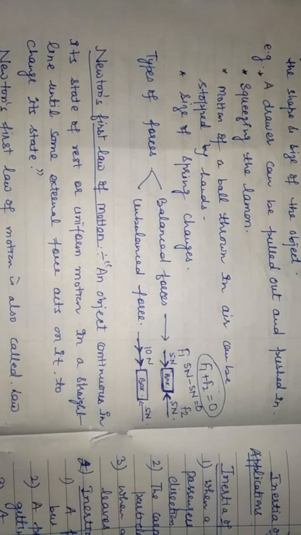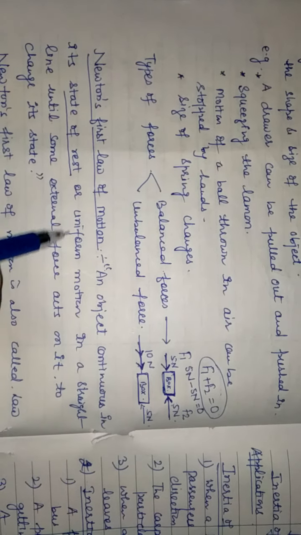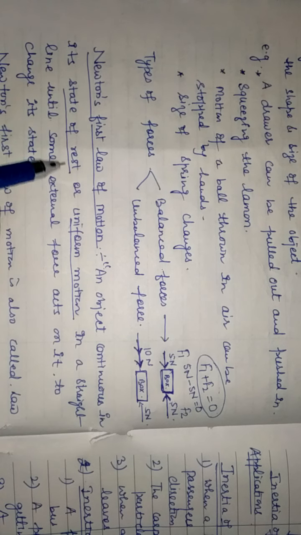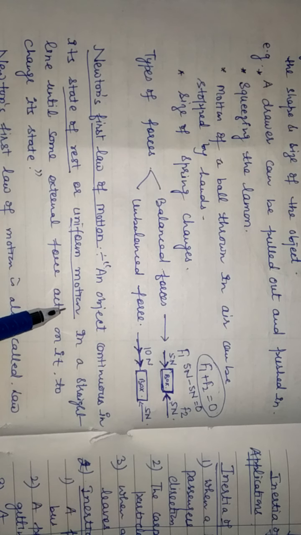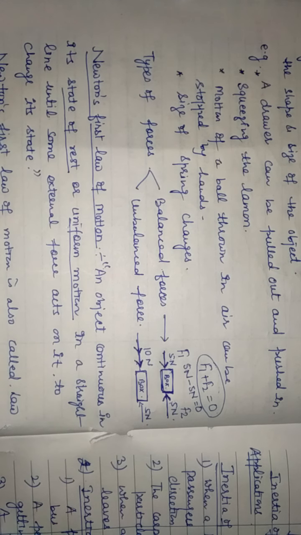It means if an object is at rest, it wants to remain at rest until an external force is applied on it. If it is in motion, it wants to remain in motion until an external force is applied. We are mentioning two states here: the state of rest and the state of uniform motion.